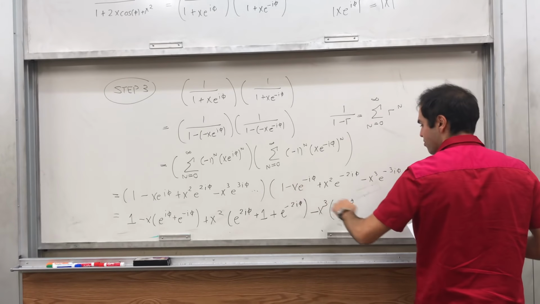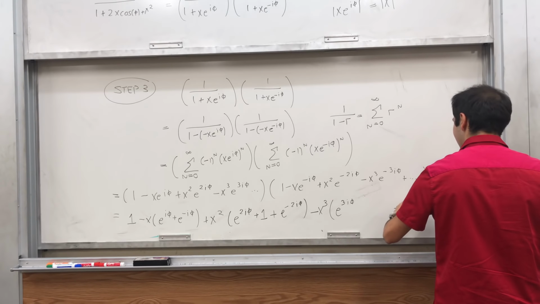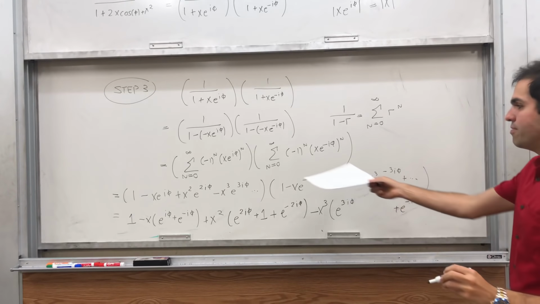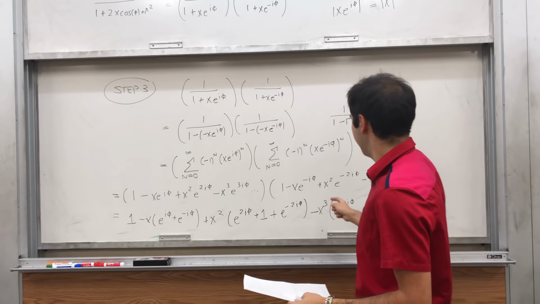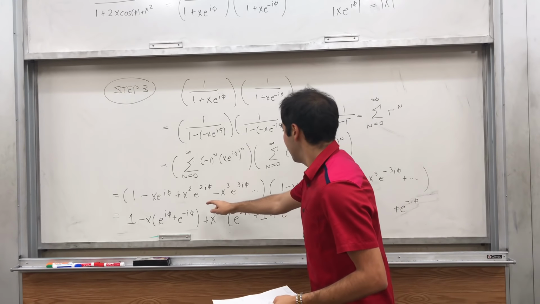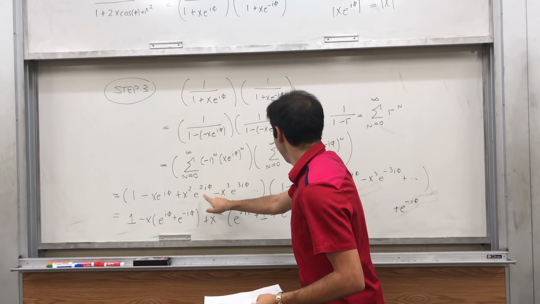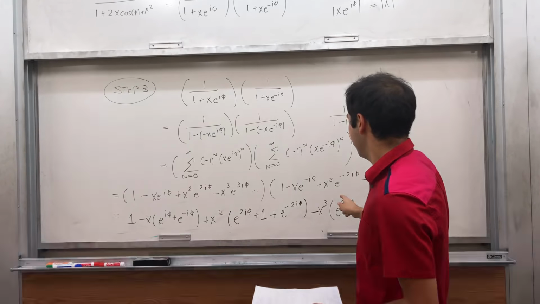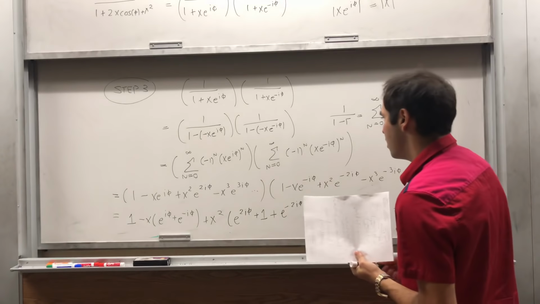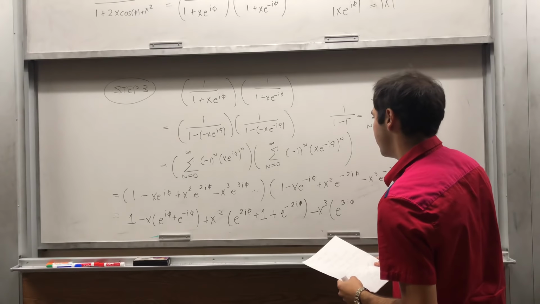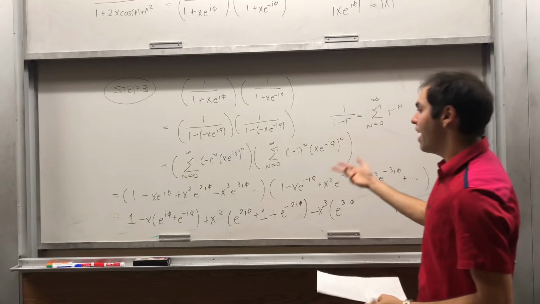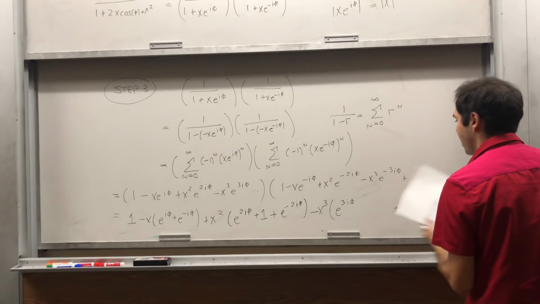And symmetrically, x squared e to the 2 I phi times e to the minus I phi, which gives you e to the I phi.